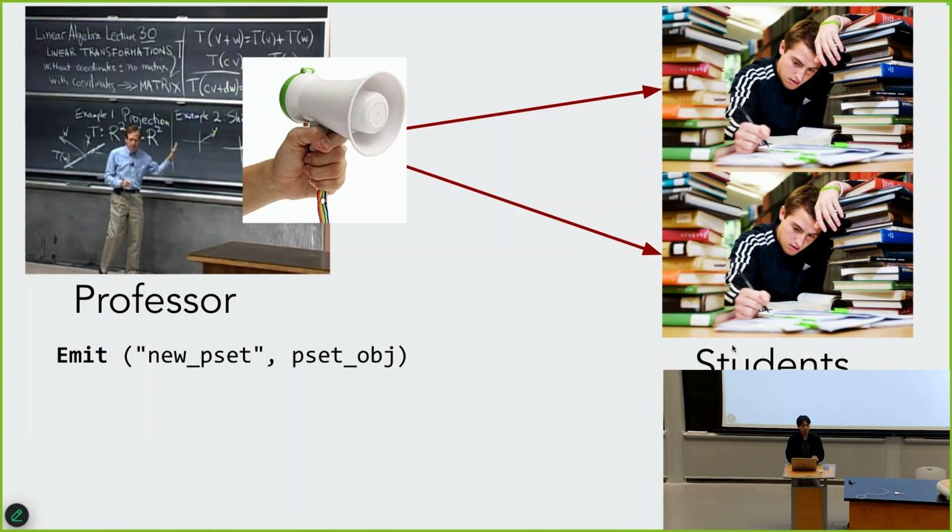And then the students who are all listening to the professor will have a socket.on where they listen to this new pset event, and then whenever this event happens, they do some function like start working or something.